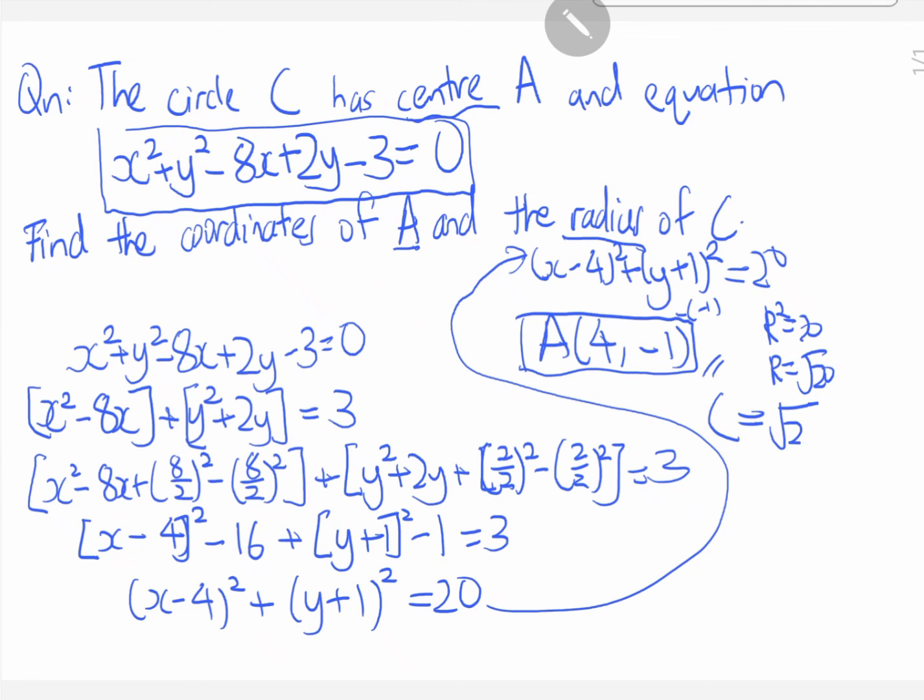Let's simplify this: square root of 20 equals the square root of 4 times 5, which equals 2 times the square root of 5 units. So now we found the coordinates of the center and the radius of the circle.